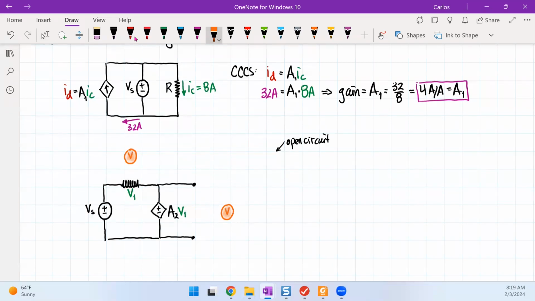Then I have a red lead. And by the way, even though I said it before, this is an open circuit right here. And then I have my black lead, and this is my black lead.